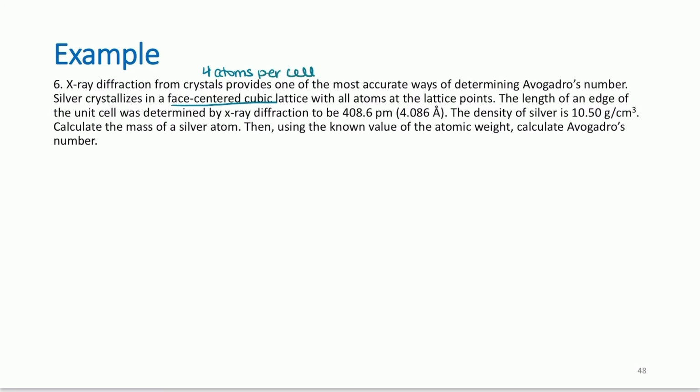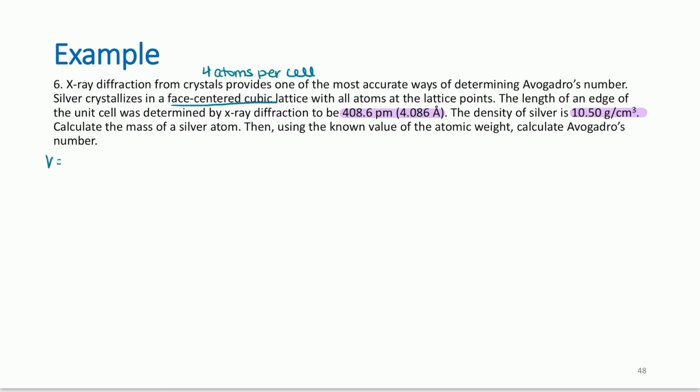The length of an edge of the unit cell was determined by X-ray diffraction to be 408.6 picometer or 4.086 angstroms. The density of silver is 10.5 grams per centimeter cubed. Calculate the mass of a silver atom. Then, using the known value of the atomic weight, calculate Avogadro's number.